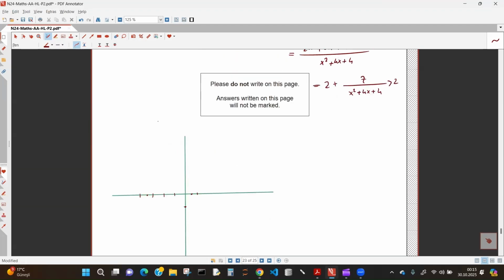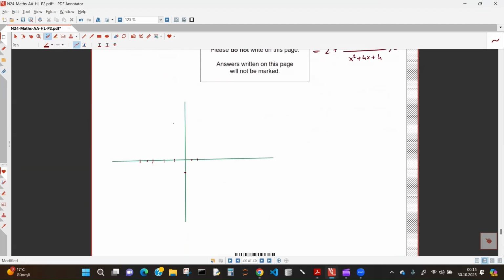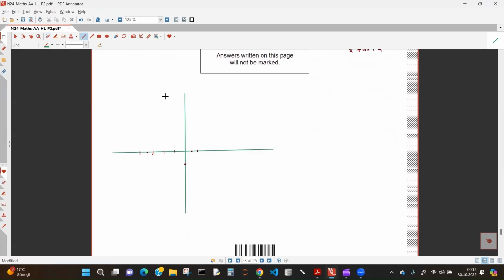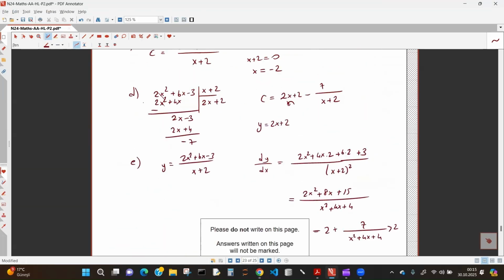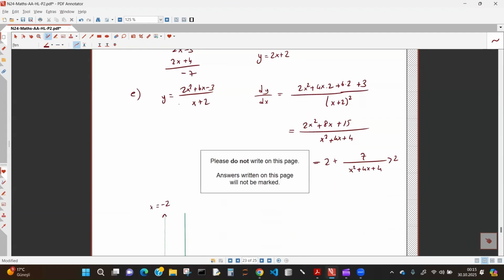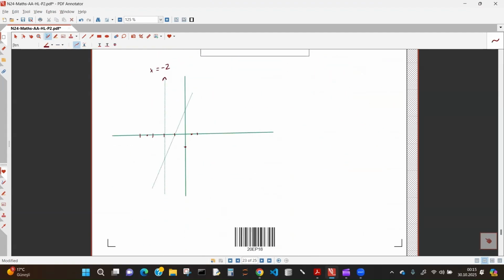And we know that the vertical asymptote passes through −2 on the x-axis. And the oblique asymptote we found is 2x + 2. It is −1 here, and this is 2.